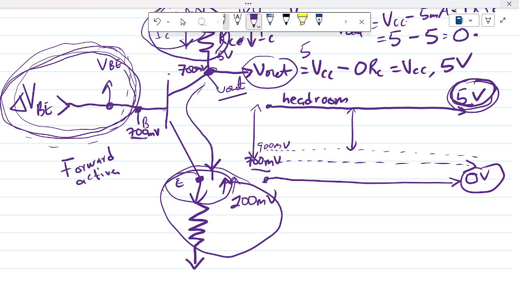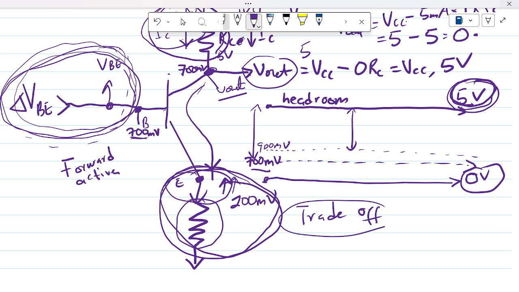So we will later look at how the emitter voltage is important and how the emitter resistance helps in stabilizing the circuit, but there's a trade-off between headroom and the emitter resistance.